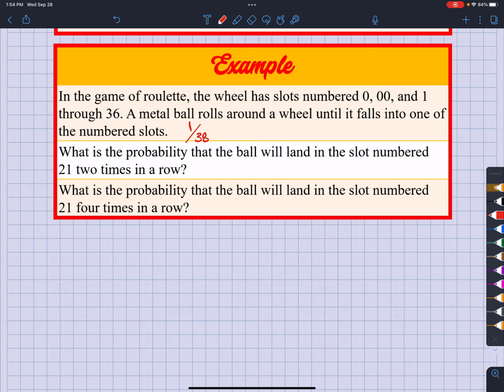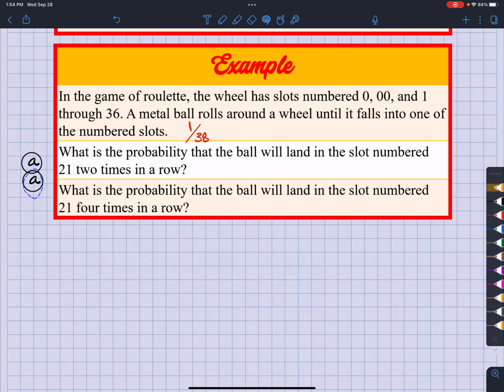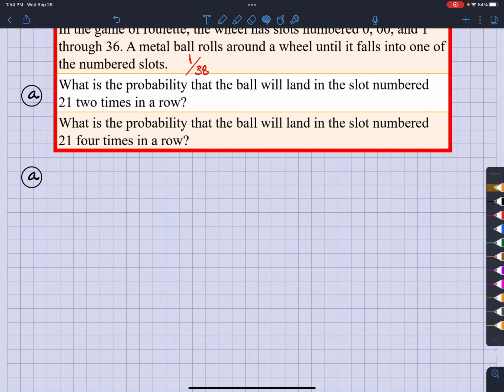The first question asks, what is the probability that the ball will land in slot number 21 two times in a row? In other words, we want the probability of getting 21 and then getting another 21.